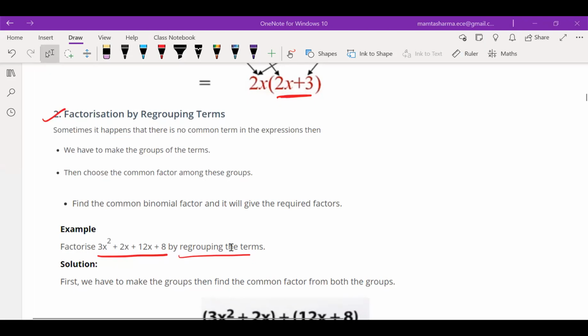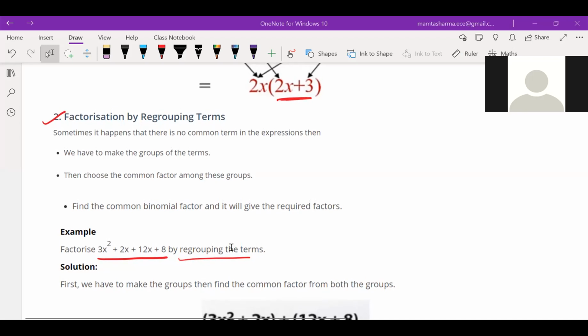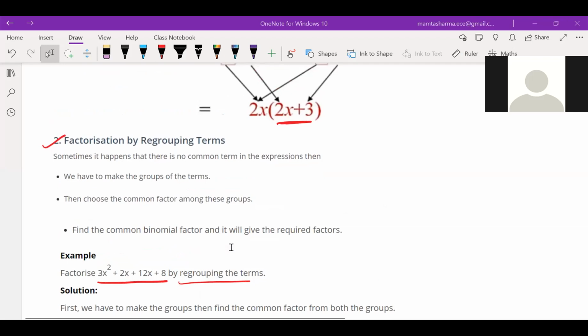Ma'am, is the answer 3x plus 2x plus 4? Yes. Ma'am, in this, 12x and 3x square will be grouped together, and 2x plus 8 will be grouped together.